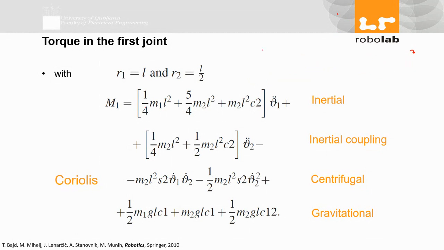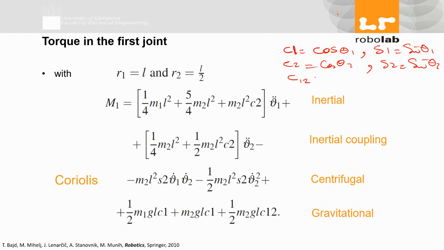Okay, so for your reference, C1 is cosine of theta 1, S1 is sine of theta 1, C2 is cosine of theta 2, S2 is sine of theta 2, C12 is cosine of theta 1 plus theta 2, and S12 is sine of theta 1 plus theta 2.